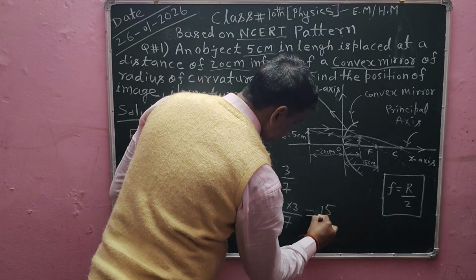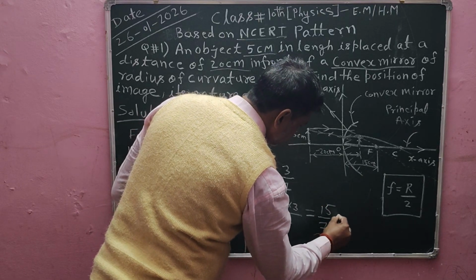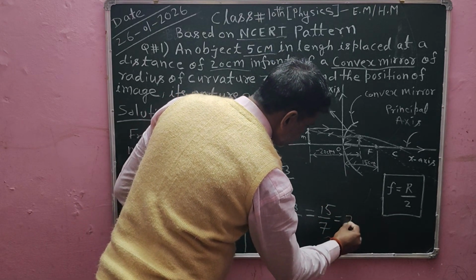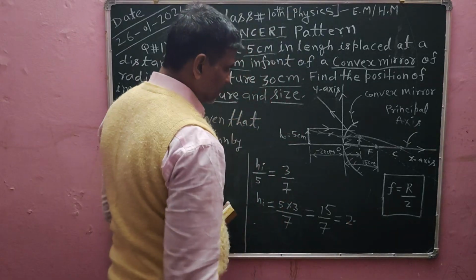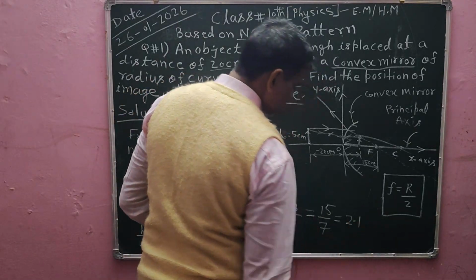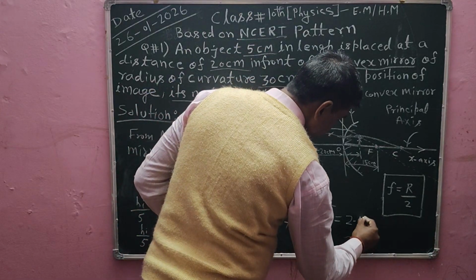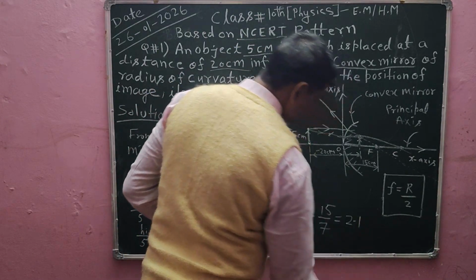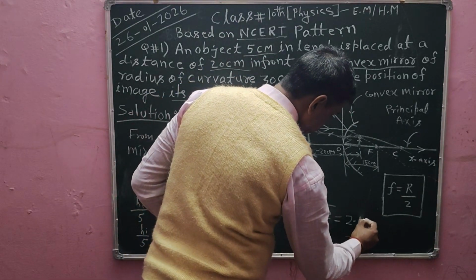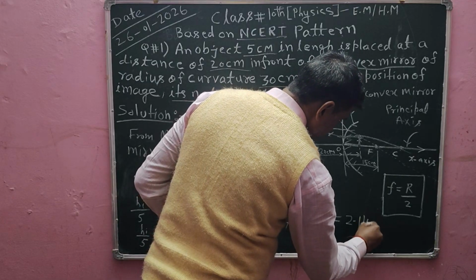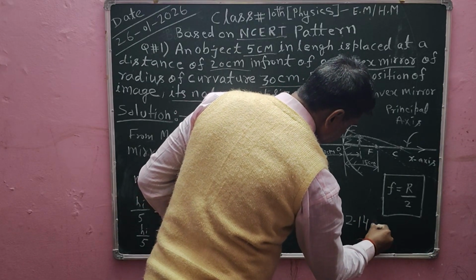15 divided by 7. So after division I will say 7 2 is 14, 7 1 is 7, 7 4 is 28 centimeter.